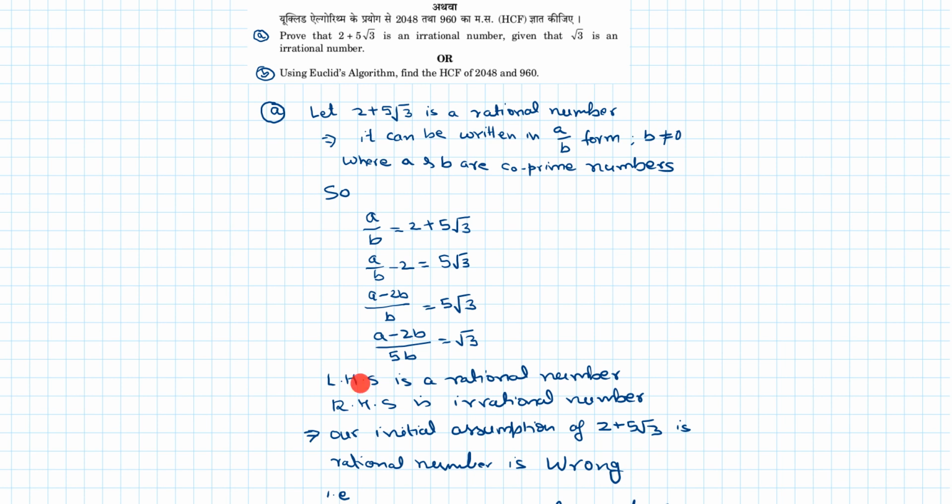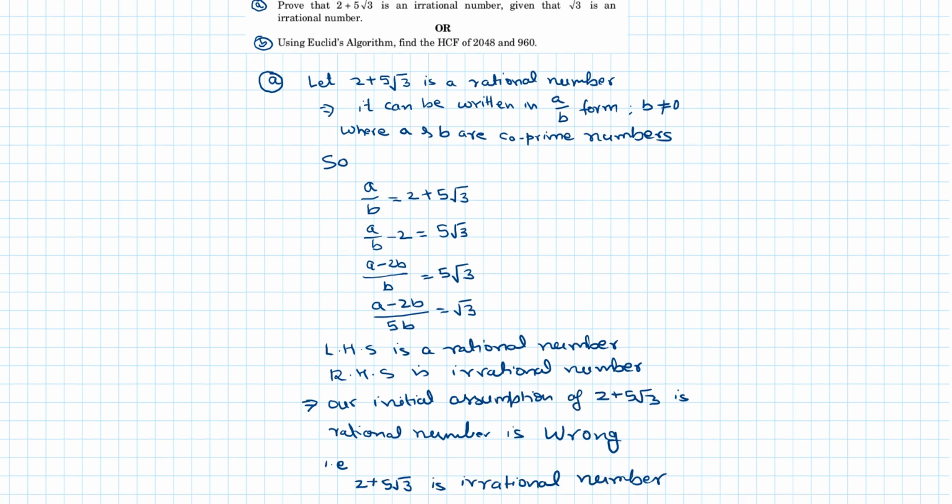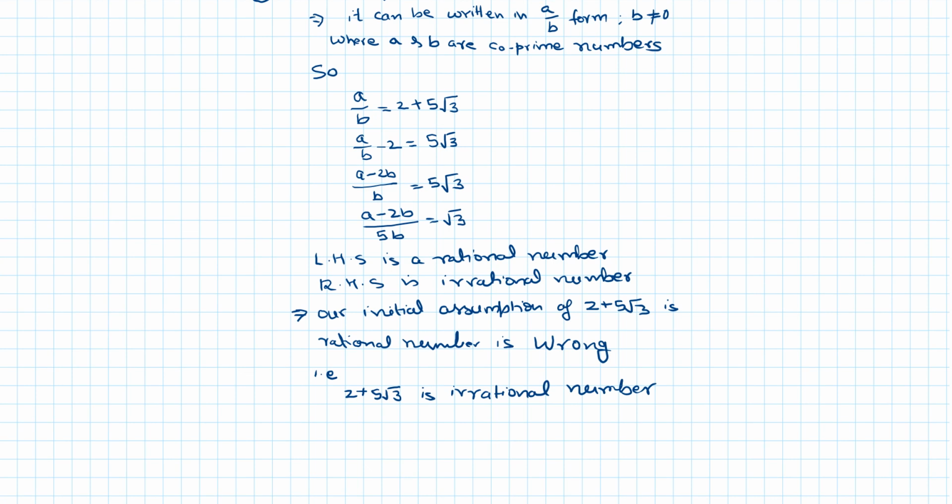So left hand side is a rational number, but √3 is our right hand side and it is an irrational number. So that is not possible. It means our assumption was wrong. So we can say that our initial assumption that 2 + 5√3 is a rational number is wrong. So that implies 2 + 5√3 is an irrational number. Okay.